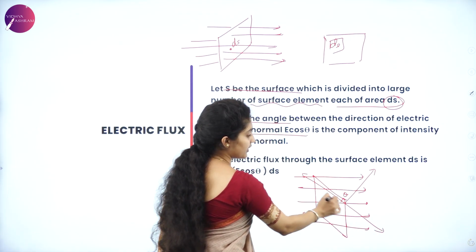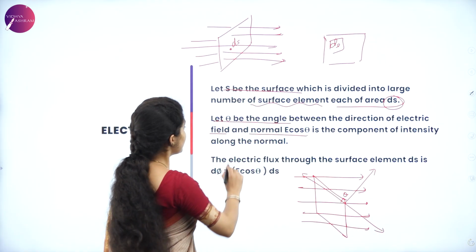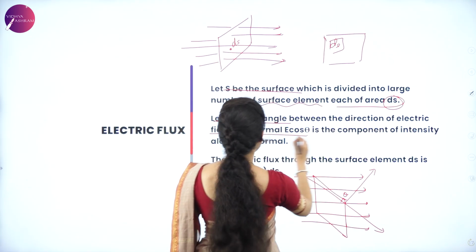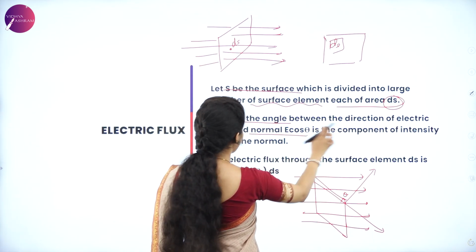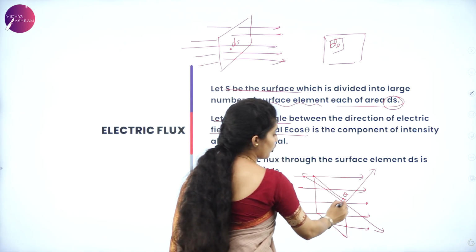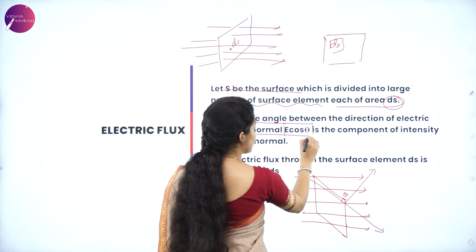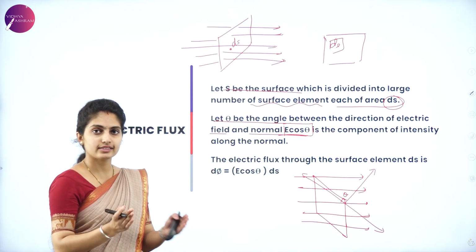So this is at 90 degrees, that is theta. So E cos theta is the component of intensity along the normal. So it becomes E cos theta. Remember, theta is the tilted angle.